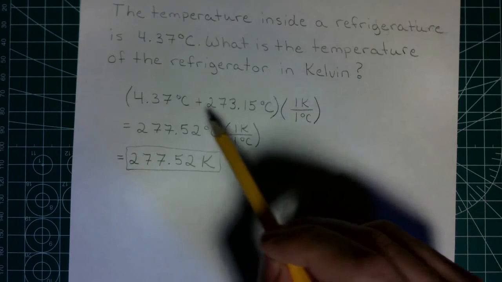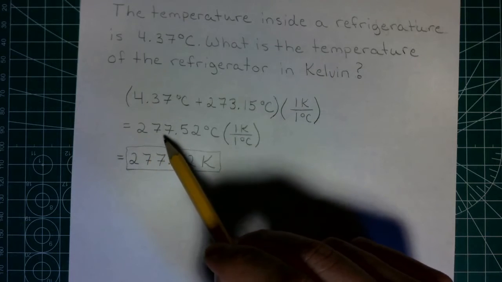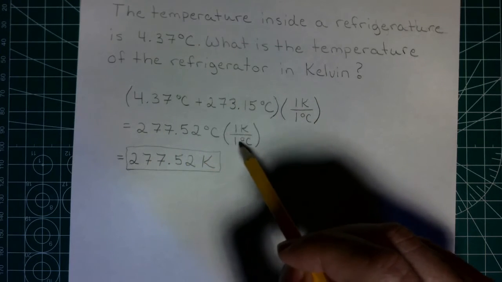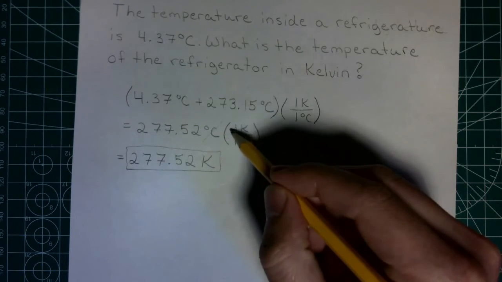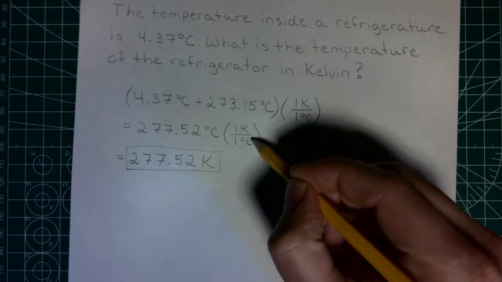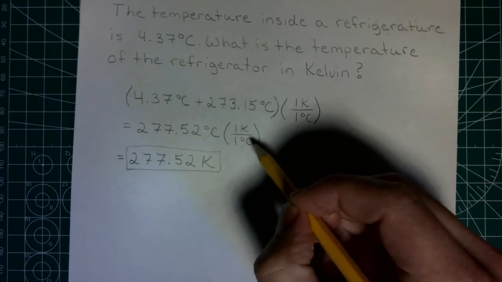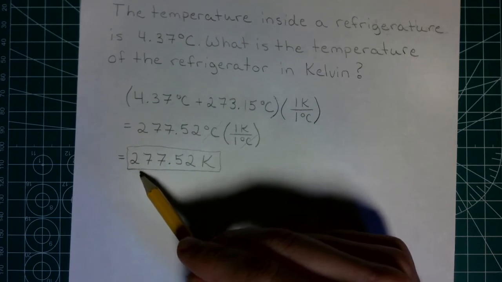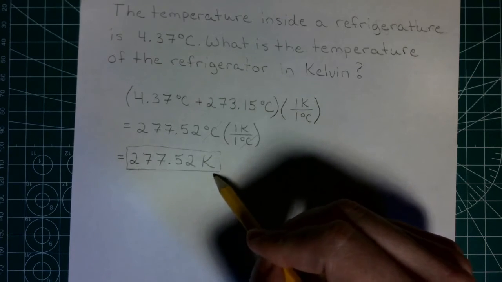So if I do this math inside the parentheses here, I get 277.52 degrees Celsius. I then multiply by this conversion factor that is just multiply by 1, divide by 1. It's not going to change the value, but it's going to allow me to cancel the degrees Celsius and get into Kelvin. And I can see that my answer is 277.52 Kelvin.